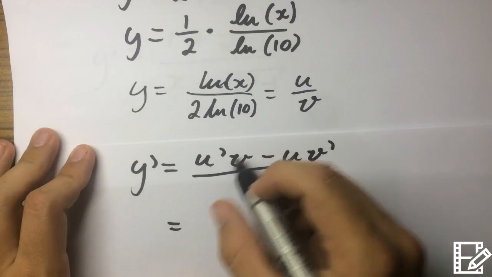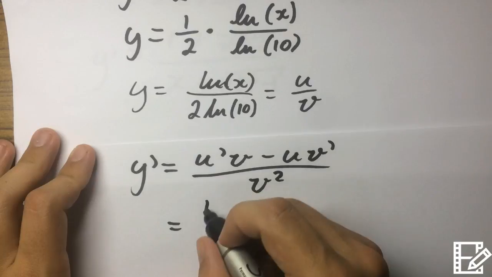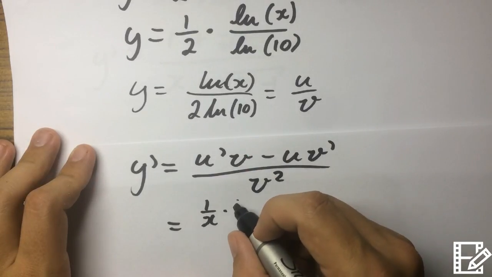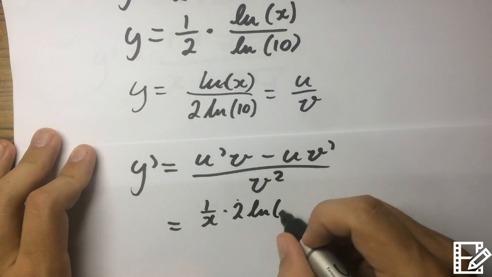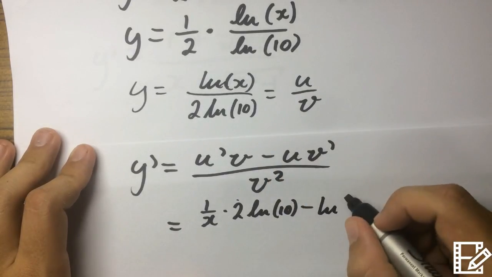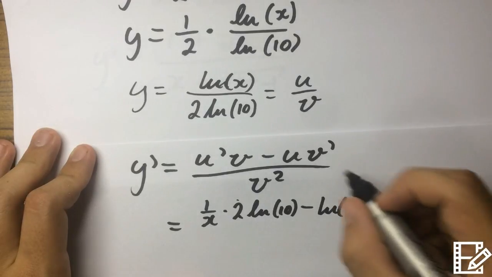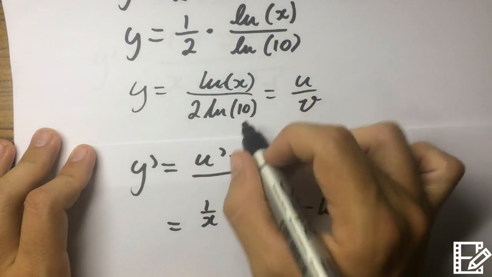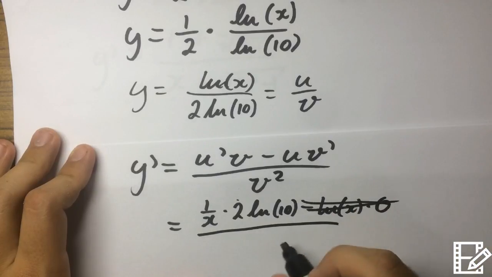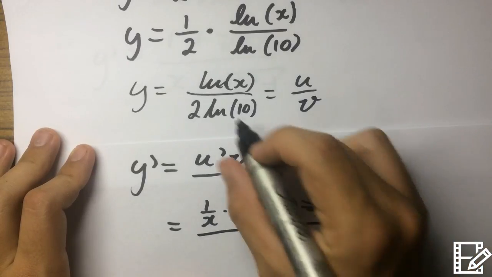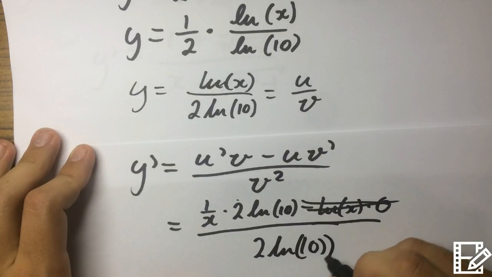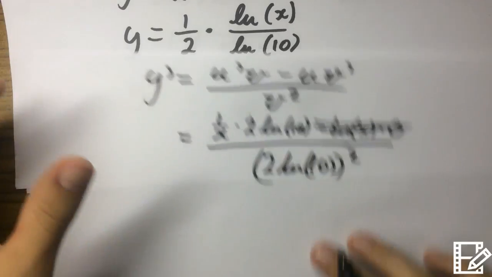What we'll get, u dash, derivative of ln of x is 1 over x, multiplied by v, which is 2 ln 10, minus u, which is ln of x, multiplied by the derivative of v. The derivative of a number is 0, so this whole bit is cancelled. All over v squared, which is 2 ln 10 squared.